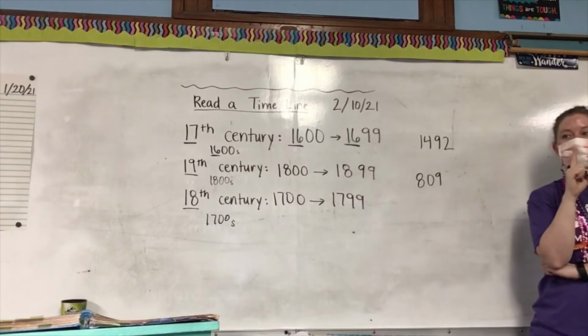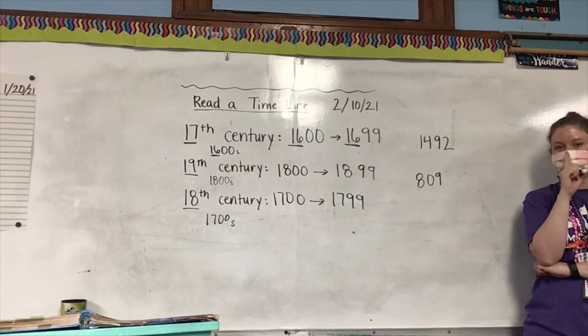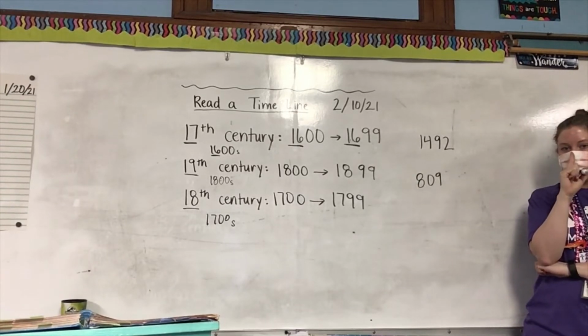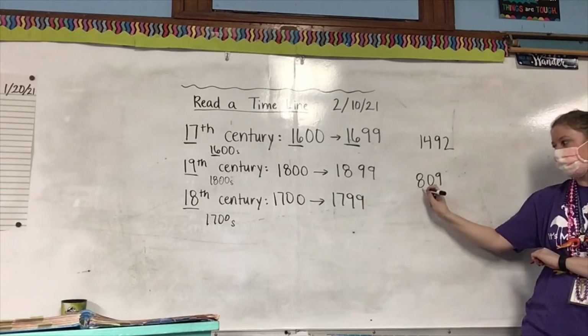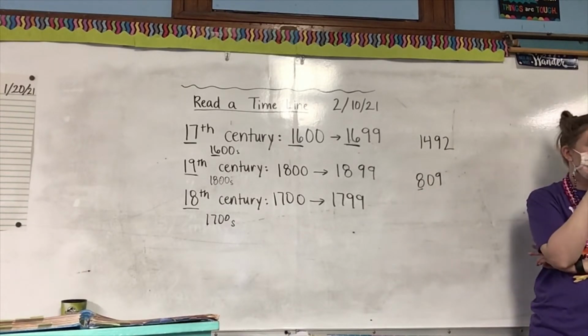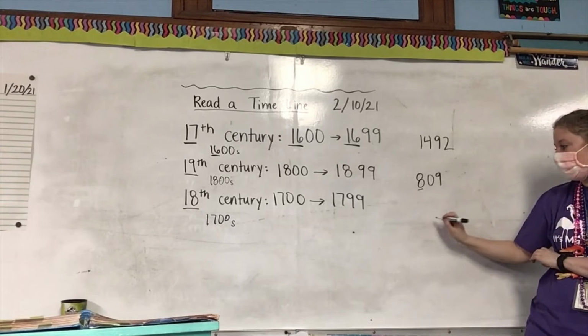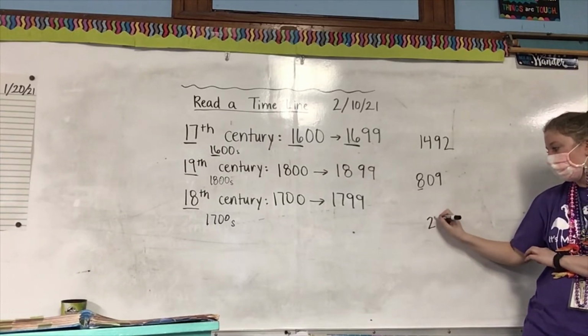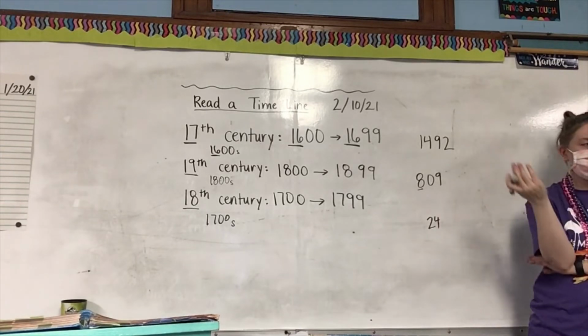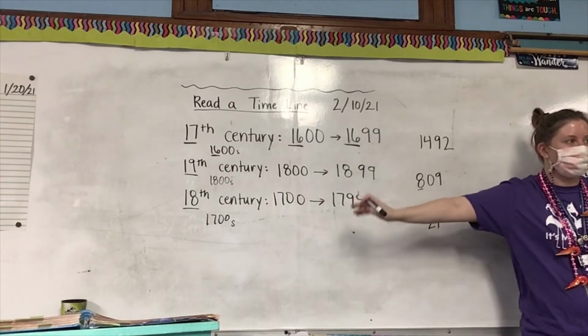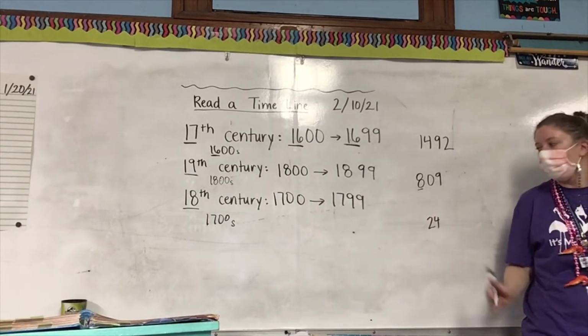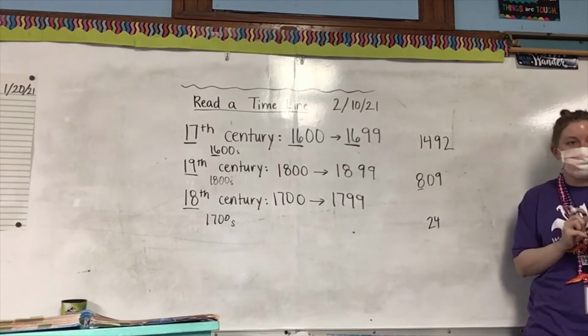What century did the year 809 happen in? The 9th century. Basically, if it's a 1 or 2-digit year, it happened in the 1st century no matter what.